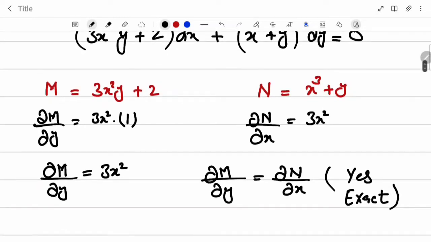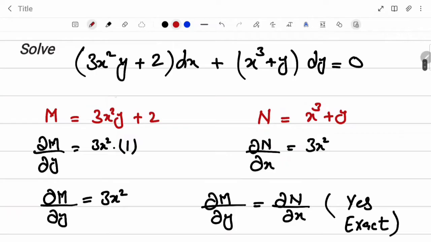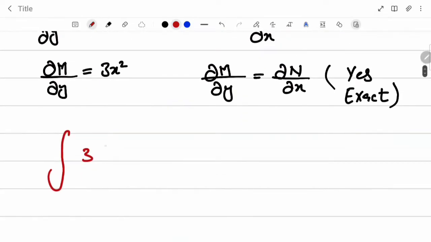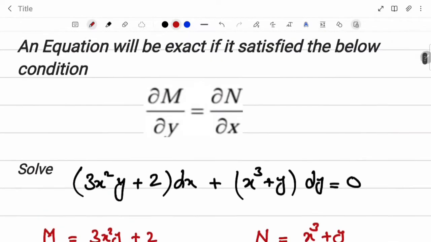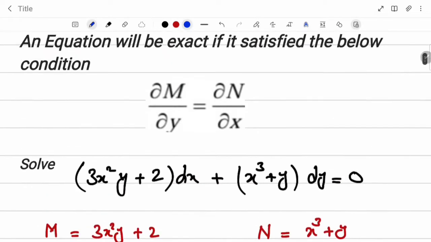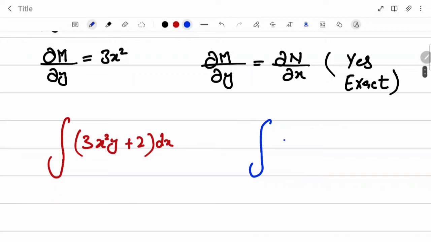Now what we need to do is separately integrate these two. So we integrate 3x squared y plus 2 dx. Separately integrate the other element, that is x cubed plus y dy.